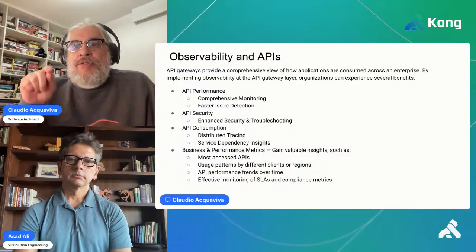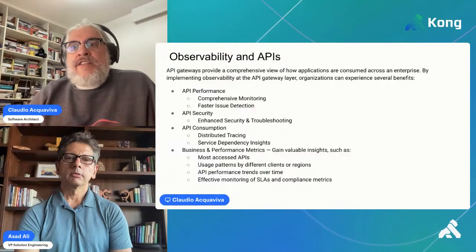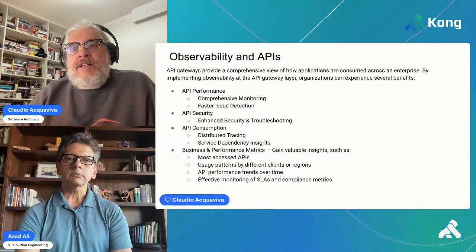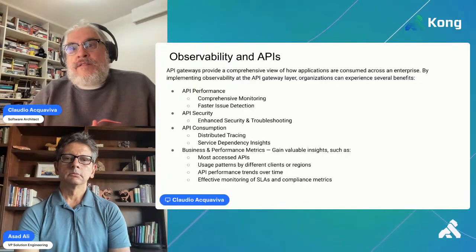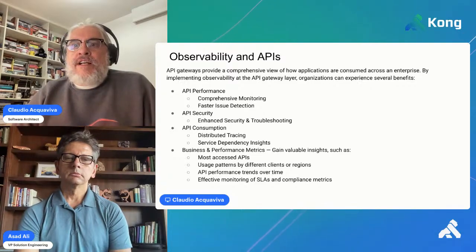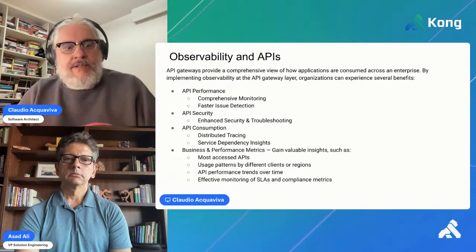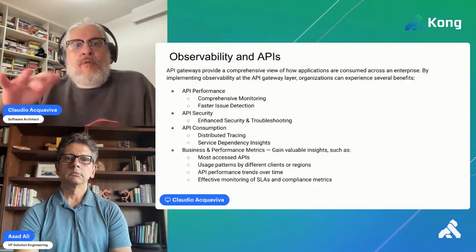Applying observability to this specific API gateway layer brings you an enterprise-wide perspective on how the applications are being consumed right now. And therefore you're going to start experiencing several benefits from it. This slide outlines the four main ones.